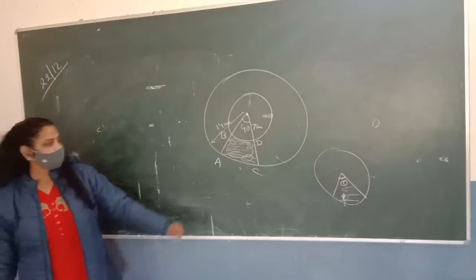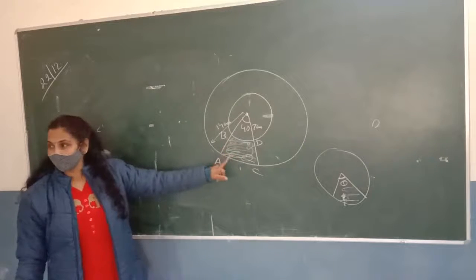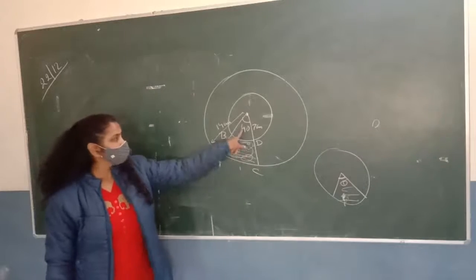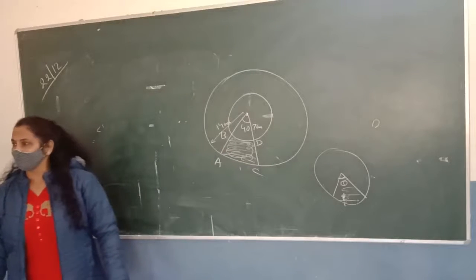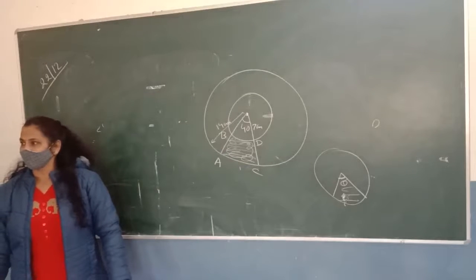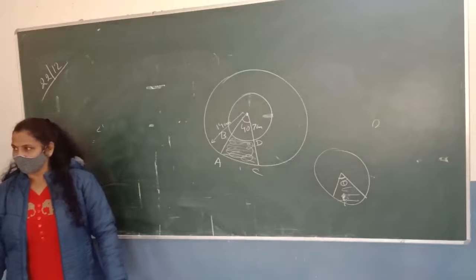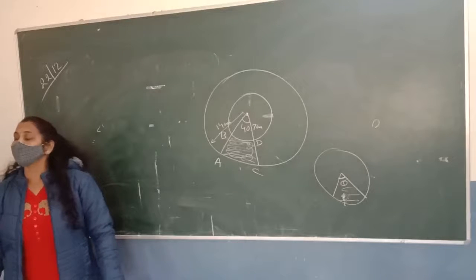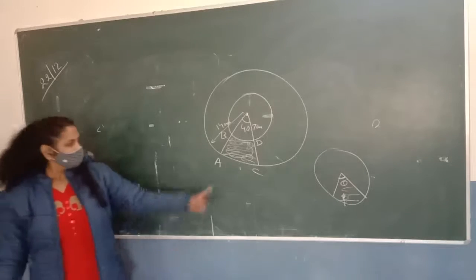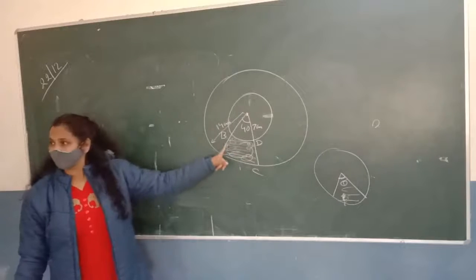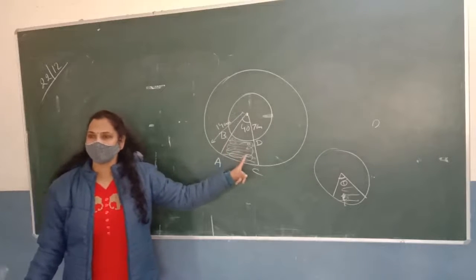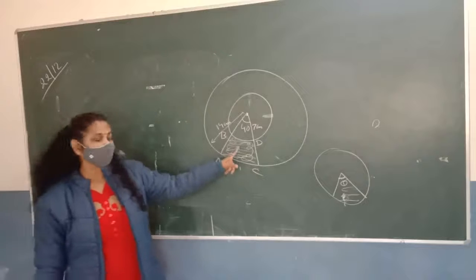How can you find the area of this portion? You have to find the area of this portion only, not this. How can you find the area of this portion?